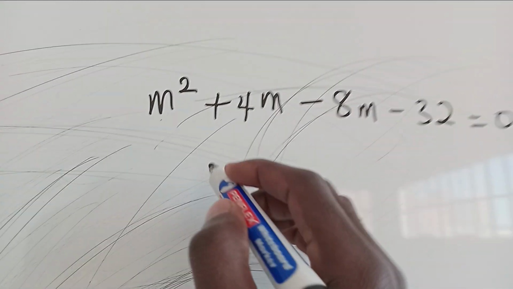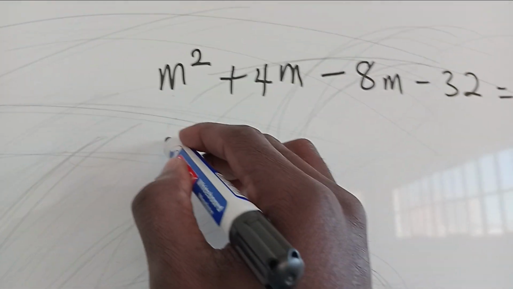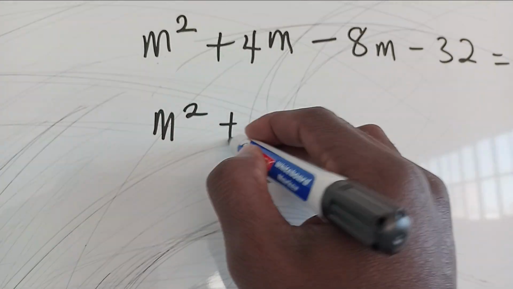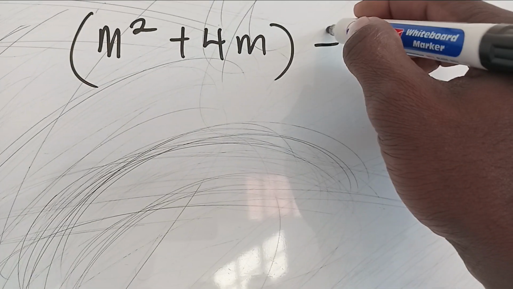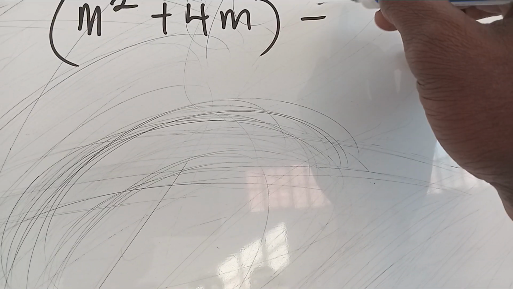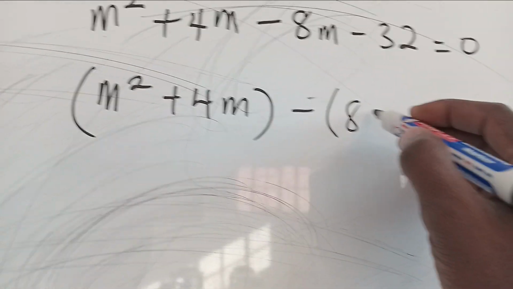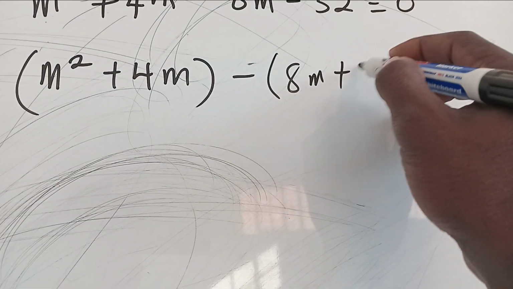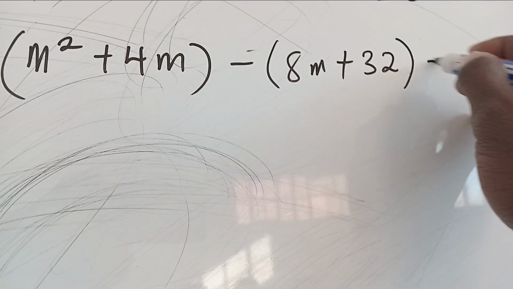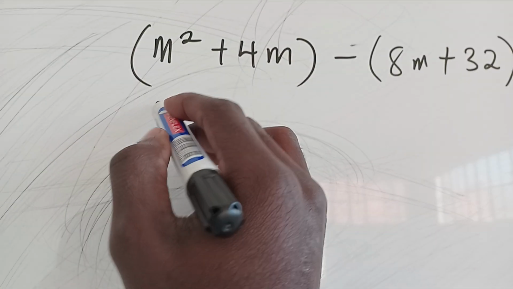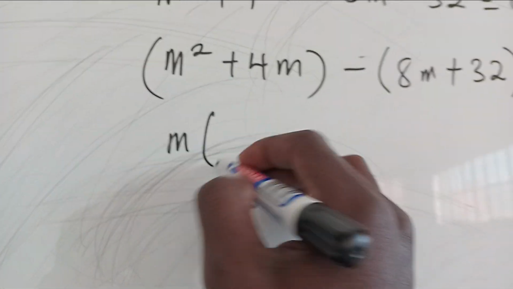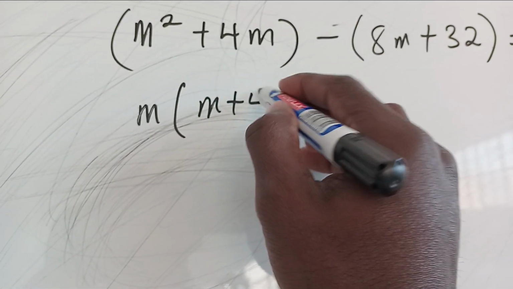After doing this, you can decide to group by saying your m squared plus 4m, you group this, minus 8m plus 32 equals 0. Therefore, you look for the common factor, which is m into m plus 4.